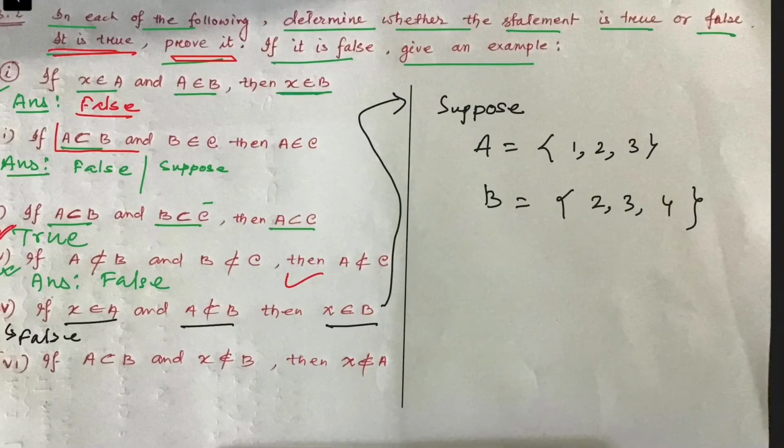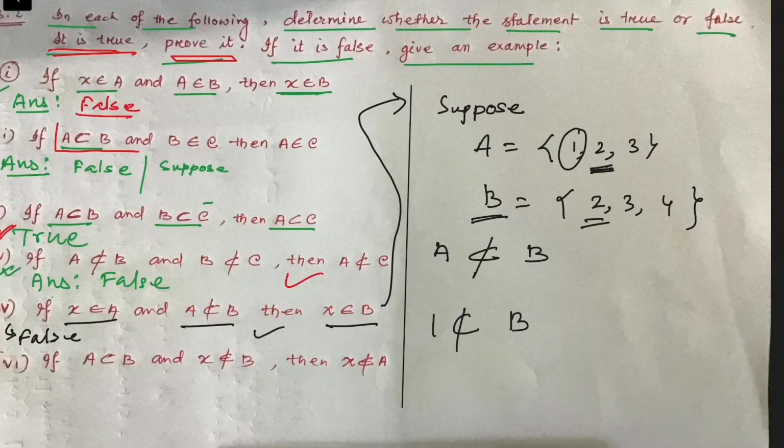Here you see, set A is not a subset of set B. And here you see that this element 2 belongs to A and B both, but this element 1 doesn't belong to set B. So that's why this statement is false.